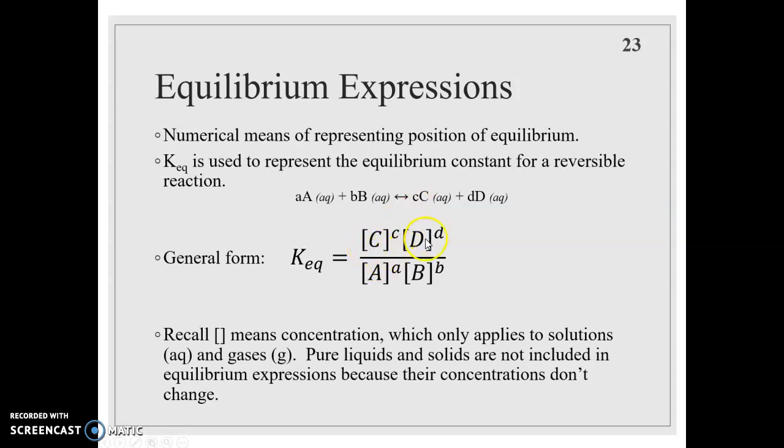So it's product times product times product, however many products you have, divided by the reactants: the concentration of reactant A to the coefficient of A, and B to the coefficient of B, and so on. If you had more reactants, you would use more, and if you had fewer, you would use just one, or maybe none sometimes.